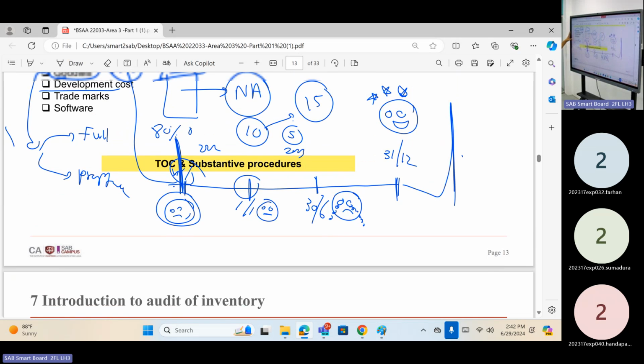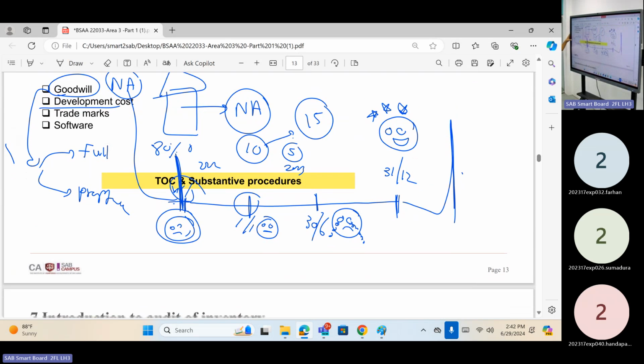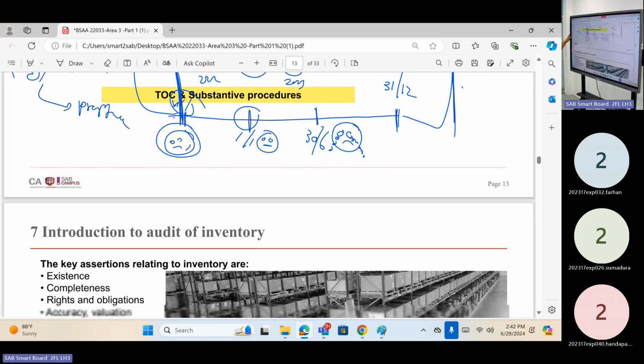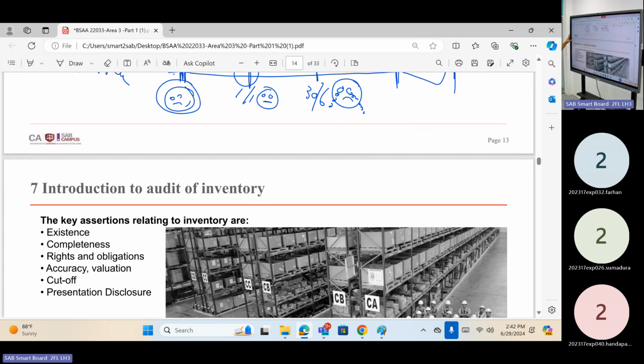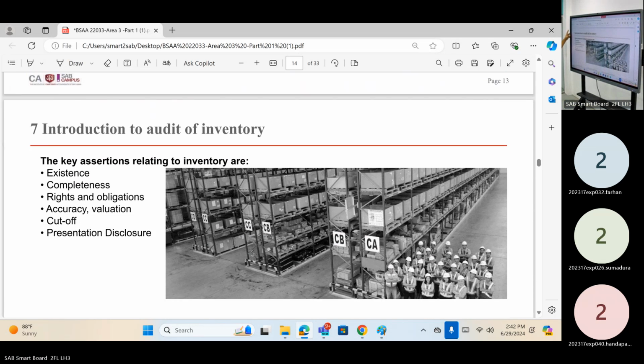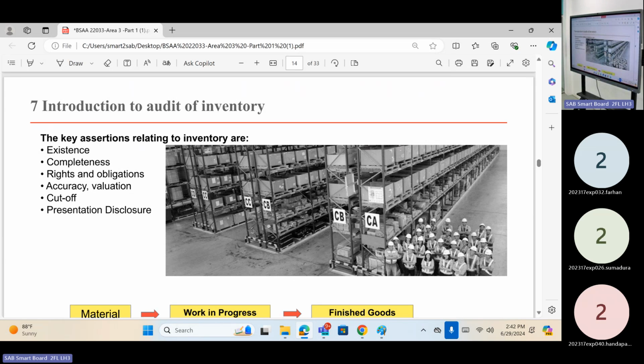So then we have done with intangible assets, we are moving to another asset. That's current assets. What is that? Inventory, right? Inventory is a different asset.